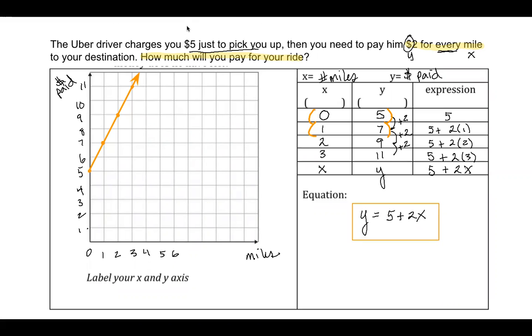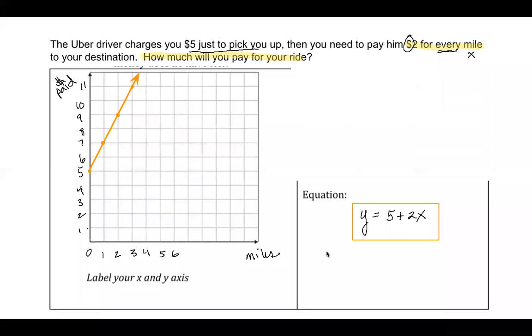Okay. So I'm going to reset a little bit. I'm going to take all this away. What if I didn't know the story? What if all I had was the graph?